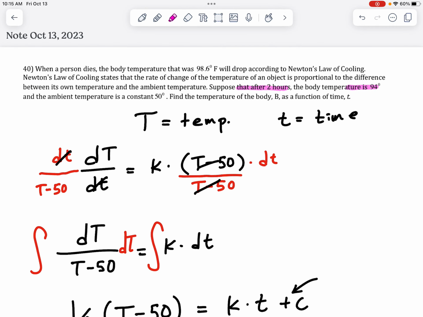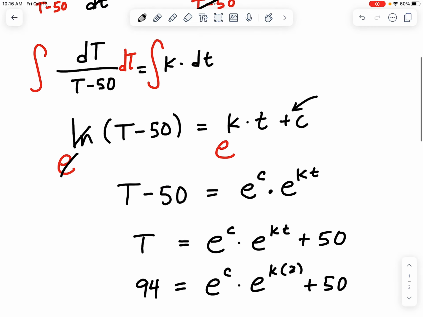Oh, I did not use the 98.6. So when the person dies, so that's saying when time equals 0, then the temperature equals 98.6. So there's the second piece of information that I need.